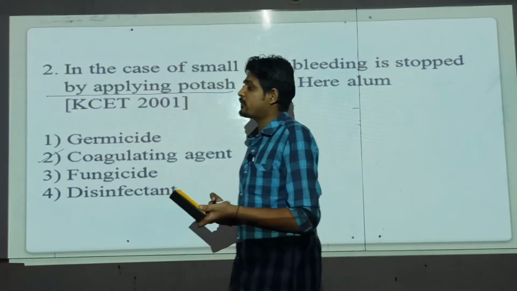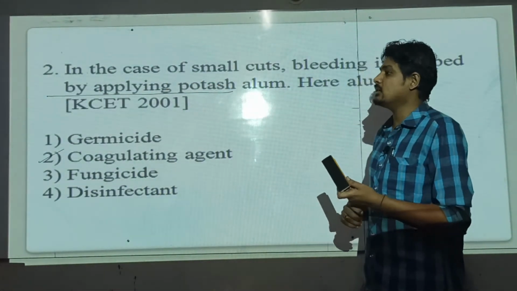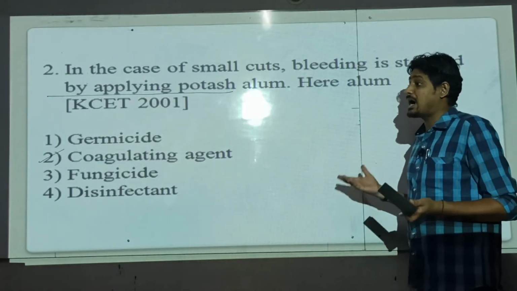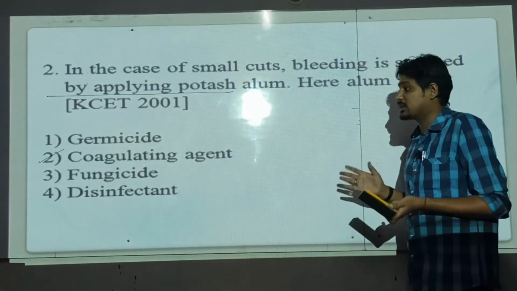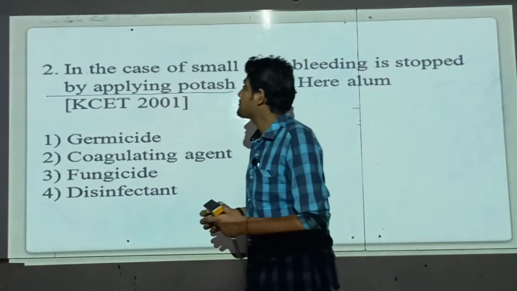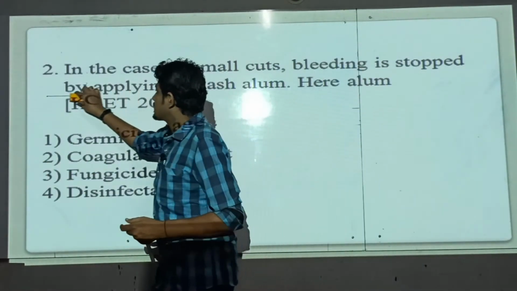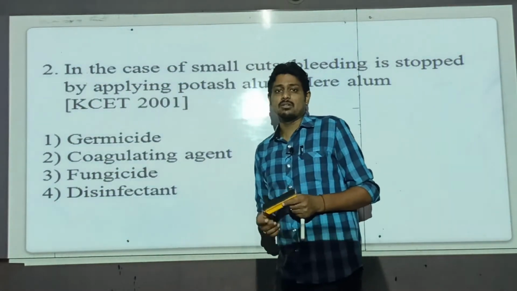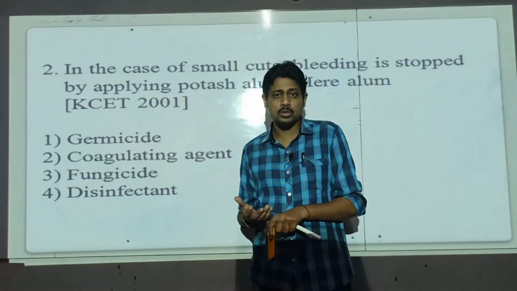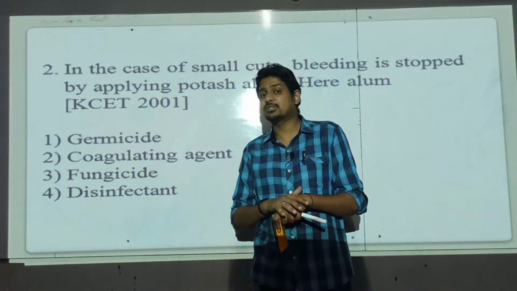Second: in case of small cuts, bleeding is stopped by applying potash alum. Here alum acts as what? Whenever a small cut happens on our skin and the blood is coming out, after some time the bleeding will stop.